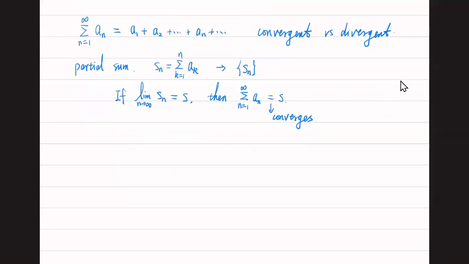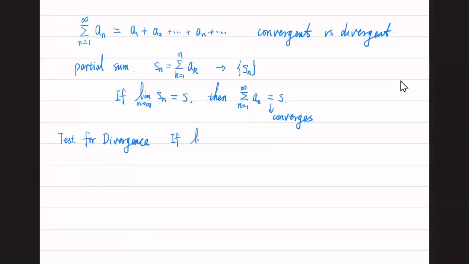Sometimes it's not easy to determine whether it's convergent or not. We have this test for divergence. This gives us a sufficient condition for when the series is divergent.